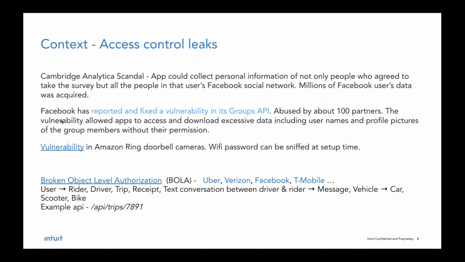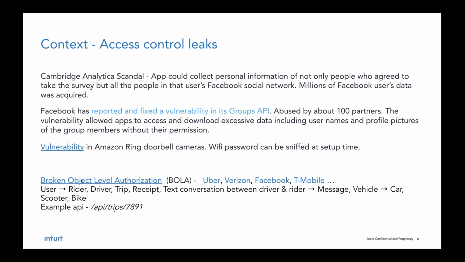Even today, we would see that there are a lot of APIs every week that get listed with vulnerabilities which are similar. For example, very recently, the Groups API of Facebook was abused by around 100 partners, where the data of a user was allowed to be accessed by the app when the group admin gave access and individual users didn't.